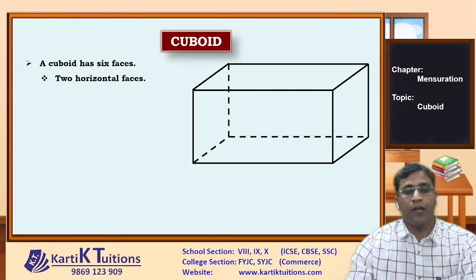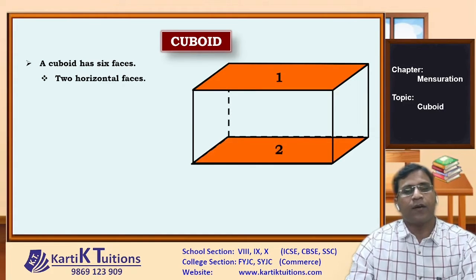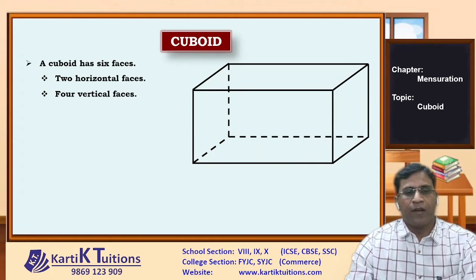Horizontal means top and bottom. So these are the two horizontal faces, or you can say base faces, and four vertical faces. When I say four vertical faces, this is first, then second, third, and fourth. So it has four vertical faces, and it has eight corners.